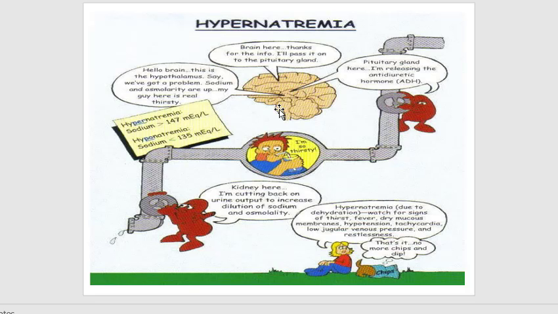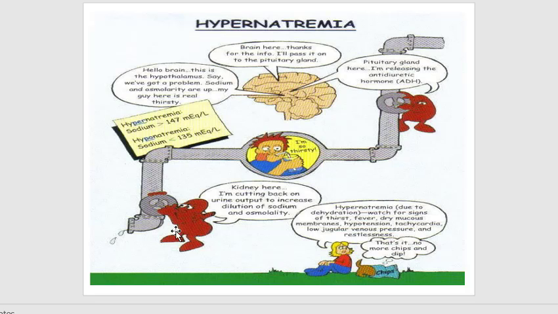Well, the brain says, thank you, I'll tell the pituitary. The pituitary says, I'm going to release some anti-diuretic hormone. So the pituitary sees a high sodium level and says, let me tell the kidneys to hold on to some water to balance out that fluid and salt ratio.